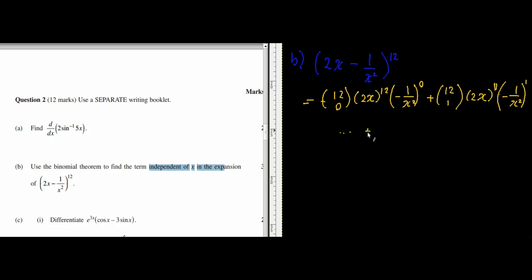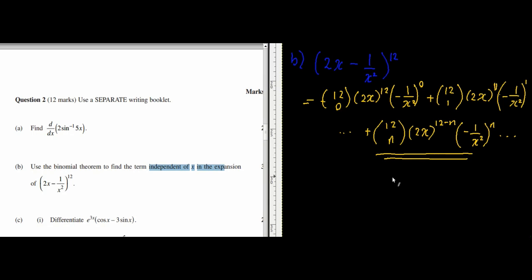I'm just going to write the nth term is going to be 12 choose n, 2x to the power of 12 minus n. Okay, so it's important to remember it's 12 minus n, not n, and then it'll be minus 1 on x squared to the power of n.